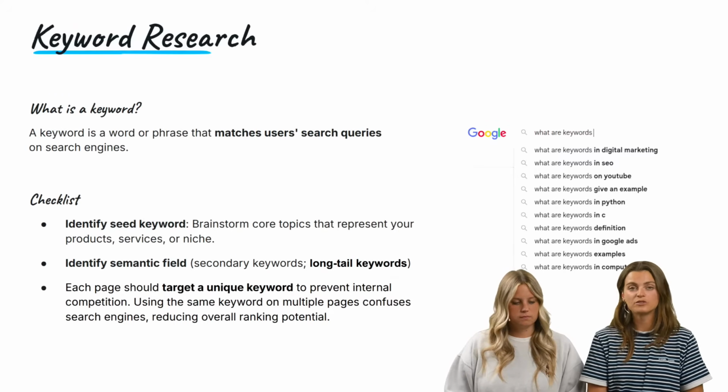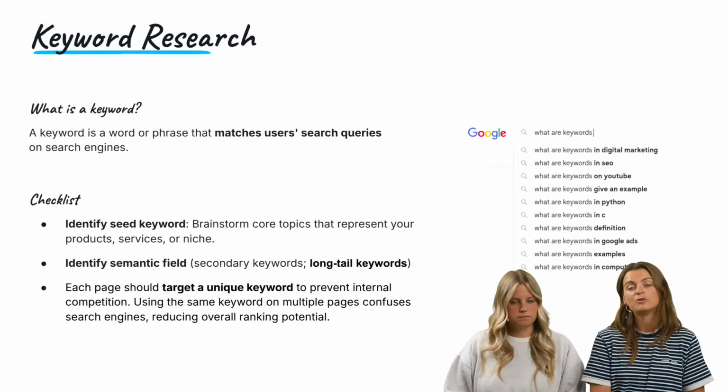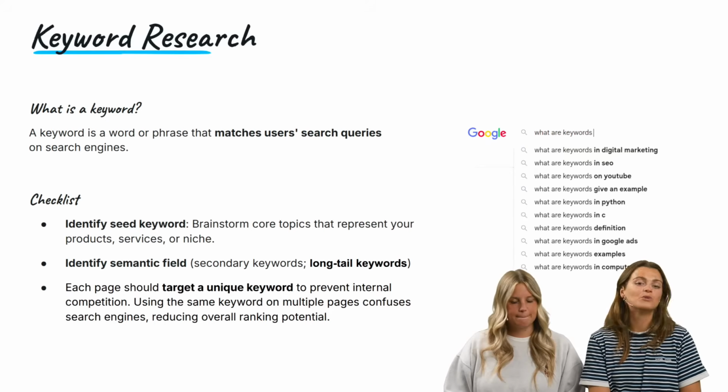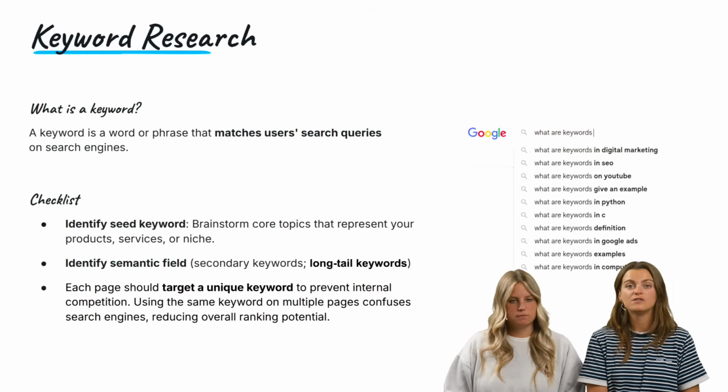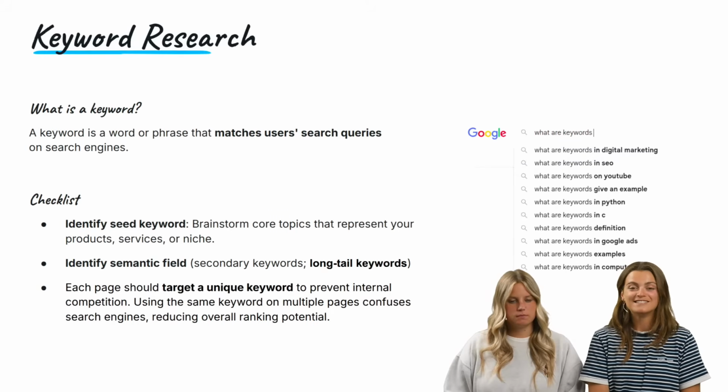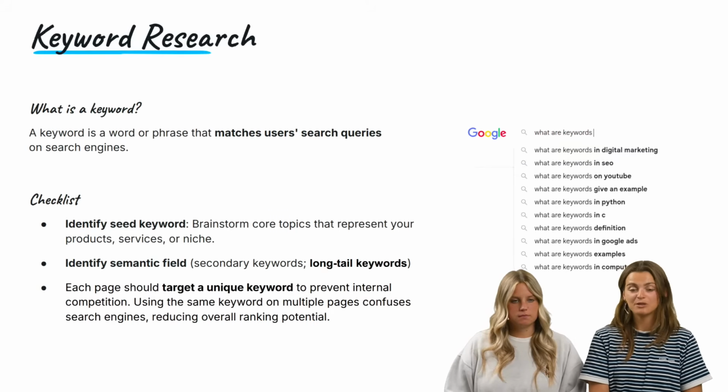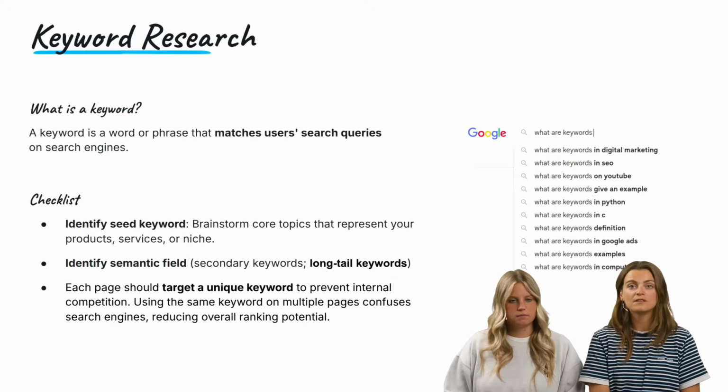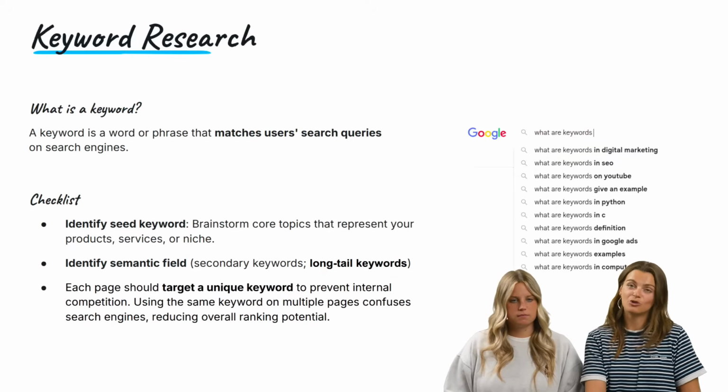Then, once you have your topics, you need to identify around those themes a semantic field. So you need to find alternatives, you need to find synonyms maybe of the theme, and it can be secondary keywords or long tail keywords. So long tail basically is a longer word.